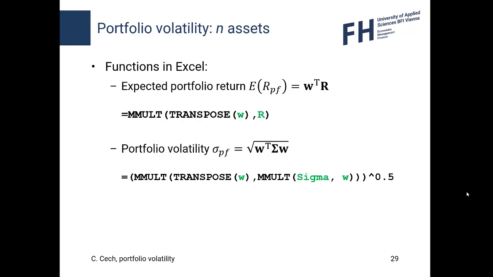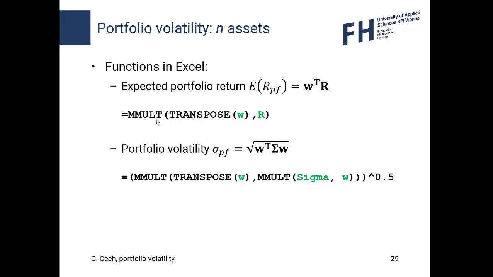So here you can see how we can calculate our matrix formulas in Microsoft Excel. The first matrix formula that I presented to you was the one for the expected return. It's W transpose times R, where R is a vector of the expected returns. What you would have to type in Microsoft Excel is mmult. So you want to multiply two matrices.